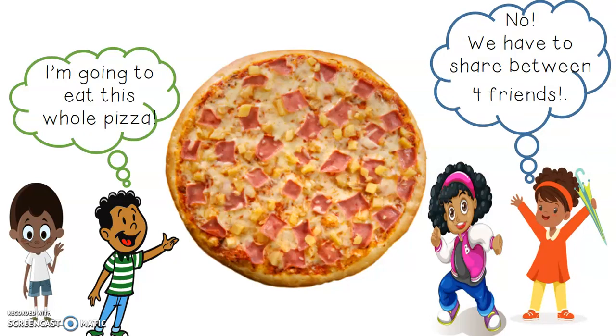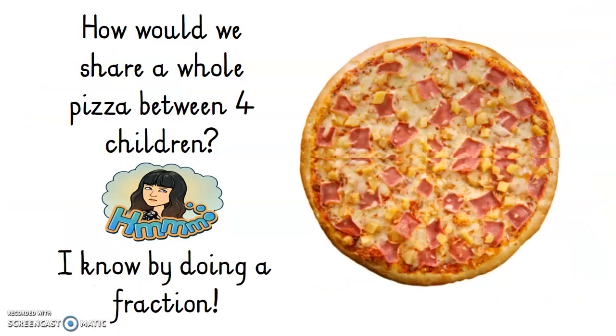I'm going to eat this whole pizza, says Siseko. No, we have to share between 4 friends, says Amelia. We have our friend Annie and our friend Ben here, so we are 4 people we have to share. How would we share a whole pizza between 4 children?